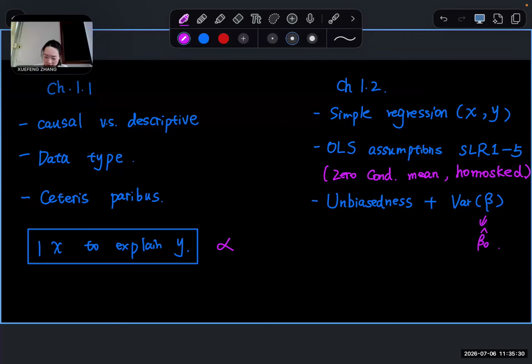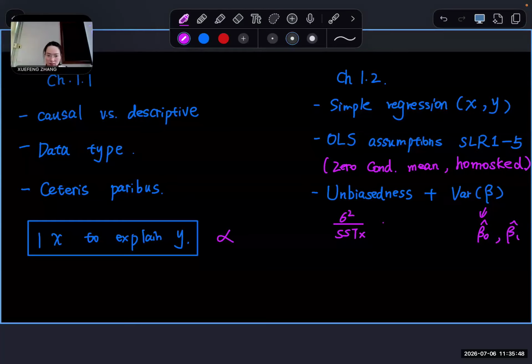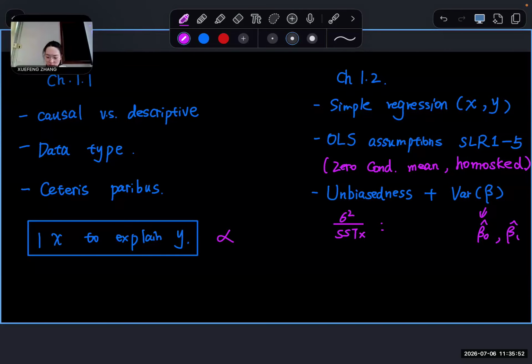Beta 0 hat, beta 1 hat. And then we use sigma square over SST. Okay. Which means, is there more noise or do you have more signal from your data?